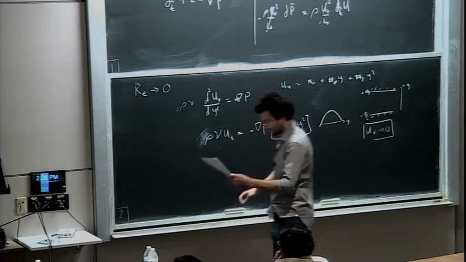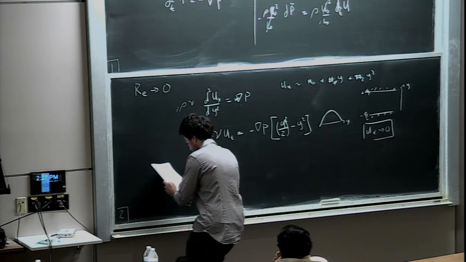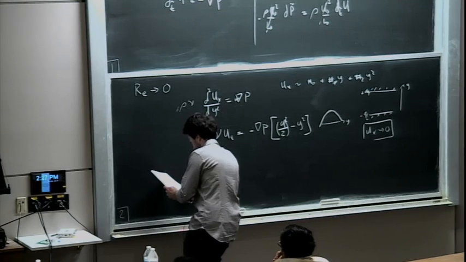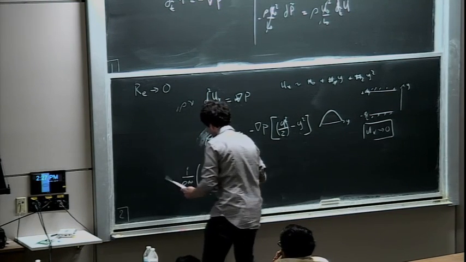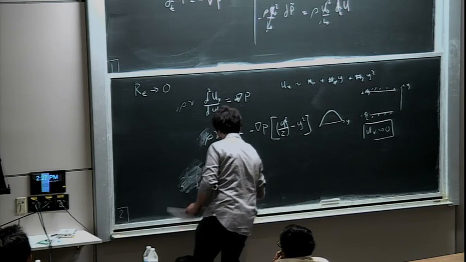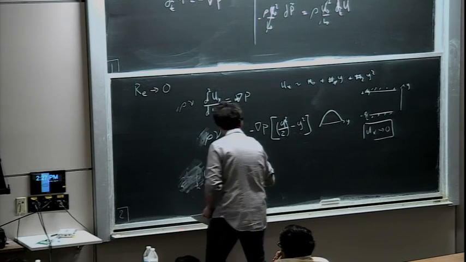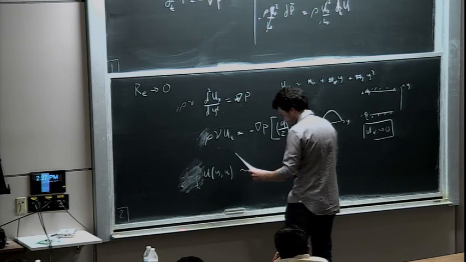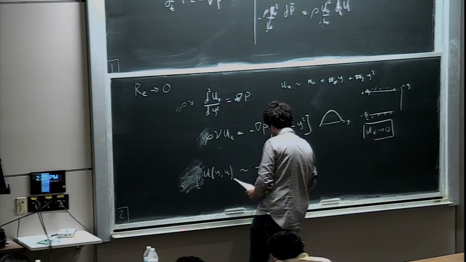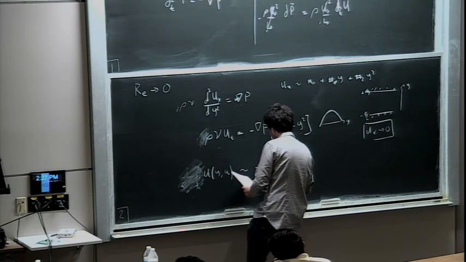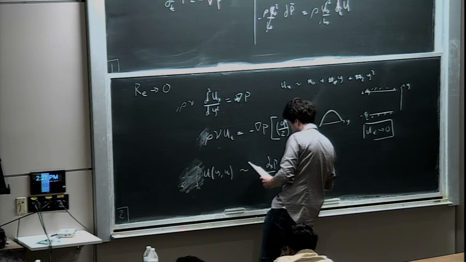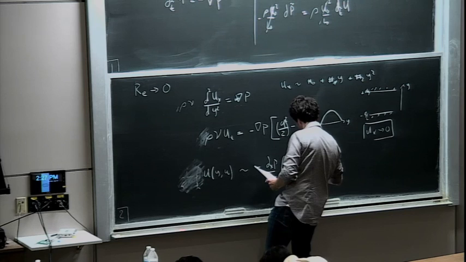And in fact, you can also verify that if you take the limit of your solution, I over rho omega, since I've written it down before, I'm not going to repeat it, u of y omega, we expand it in powers of omega, we're going to recover dx of p over 2 rho nu times (a over 2) squared minus y squared.